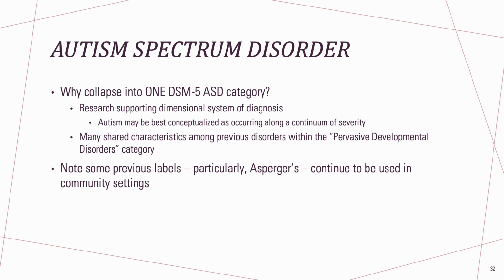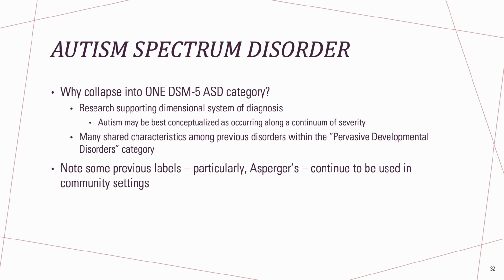Also, before we move further, I just want to comment that I actually just realized I misspoke when we were talking about intellectual disabilities. I was saying that from DSM-4 to DSM-5, we were seeing different terminology being used, whereas with DSM-4, the term mental retardation was used, and now in DSM-5, we use the term intellectual disability.